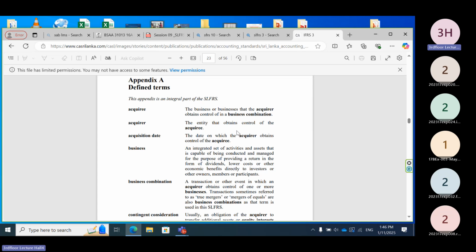It may be year end, the start of the year, before the year, or the mid of the year. Different acquisition dates may be there. You may have step acquisitions. What you have to do there? Step acquisition, apply step by step. How do we do that?